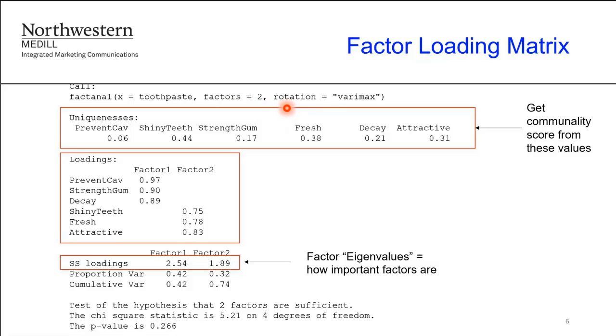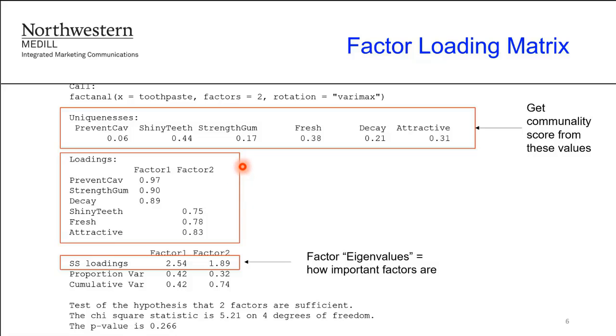Then we use the Varimax rotation method, so we specify the rotation method. The factor loading matrix is the table after the Varimax rotation is applied.